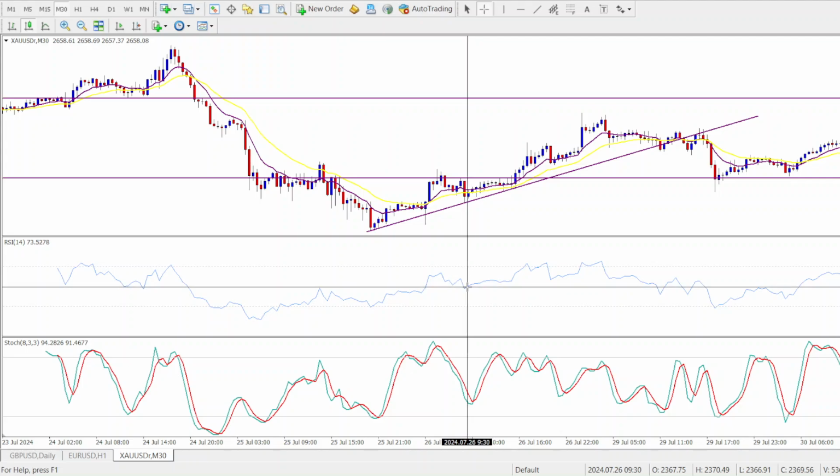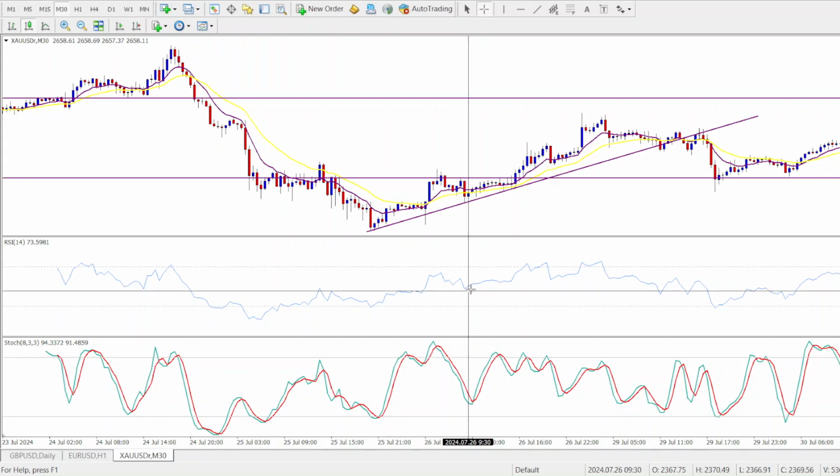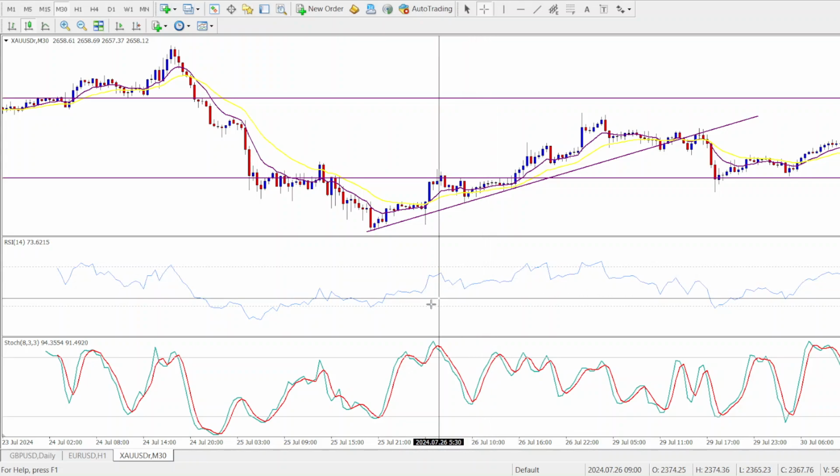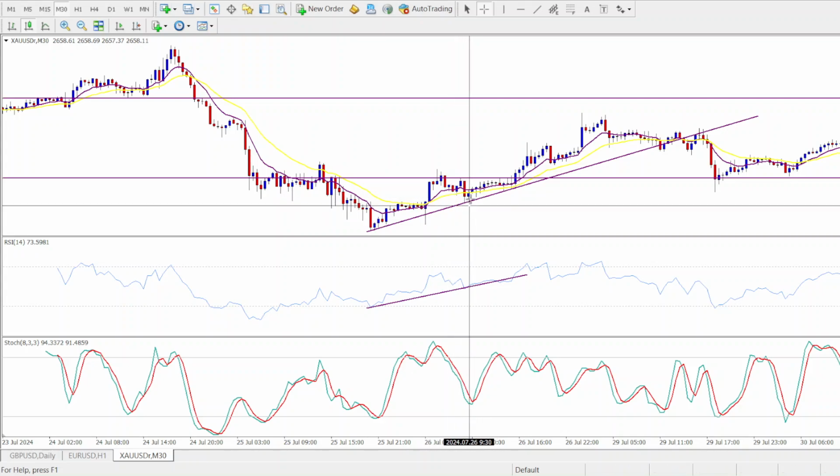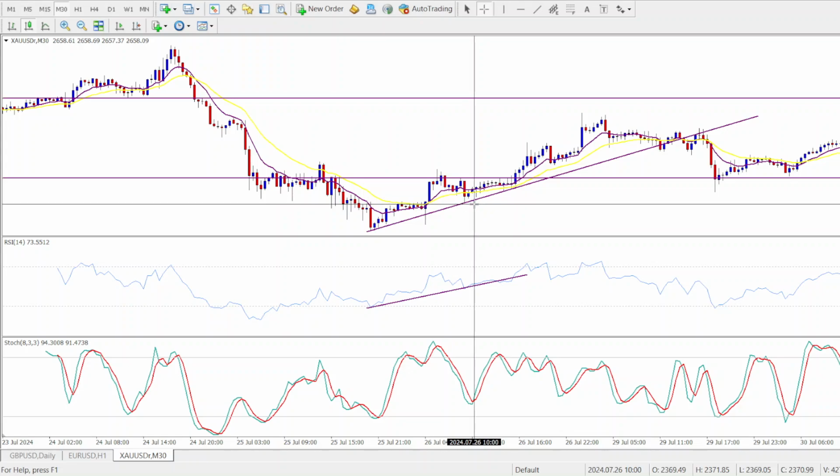So it was somewhere around here that the RSI gave its bullish signal, because we can see that it started pointing back upwards again, continuing this trend. So the RSI gave our buy signal not long from where the trend line gave its signal.